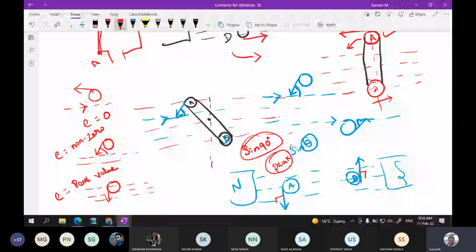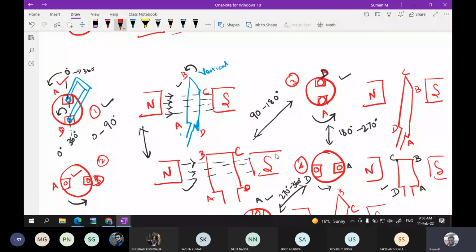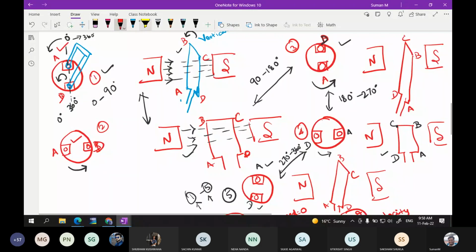Okay, now let us proceed further. Based on this understanding, we can see how the EMF will be induced. Okay, so now, kindly mute yourself. This is the position of the conductor at the initial condition. Since I told you the conductors are like this, if the conductor is rotating in the anti-clockwise direction, then the positions of A and B are like this.